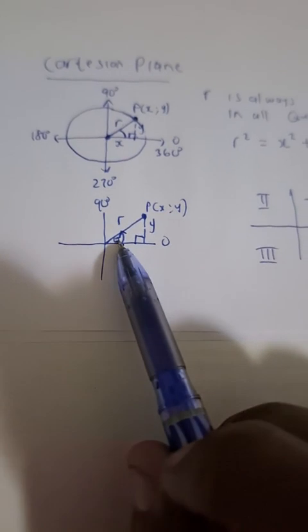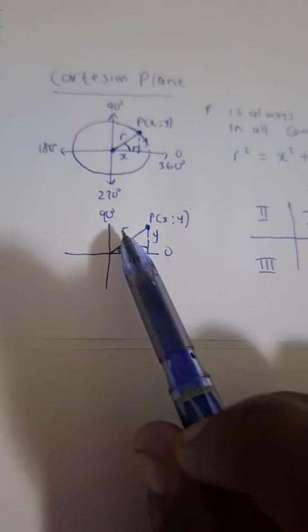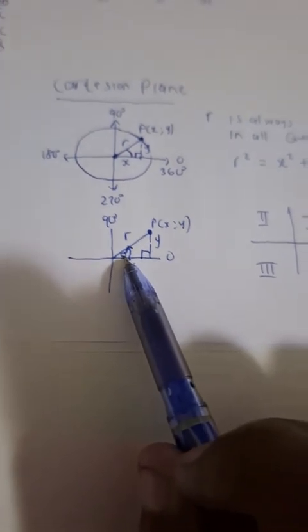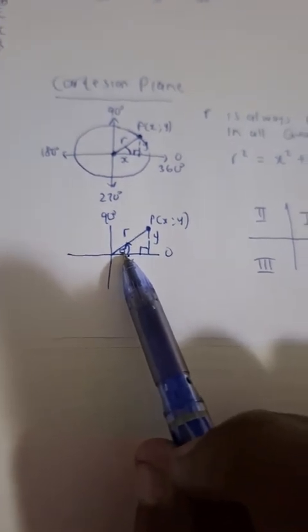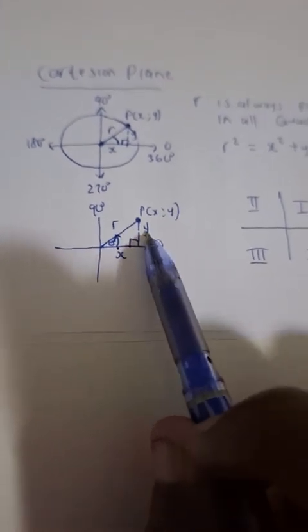In reference to our Cartesian plane, with x, y, and r defining the different sides, sine theta is y over r.